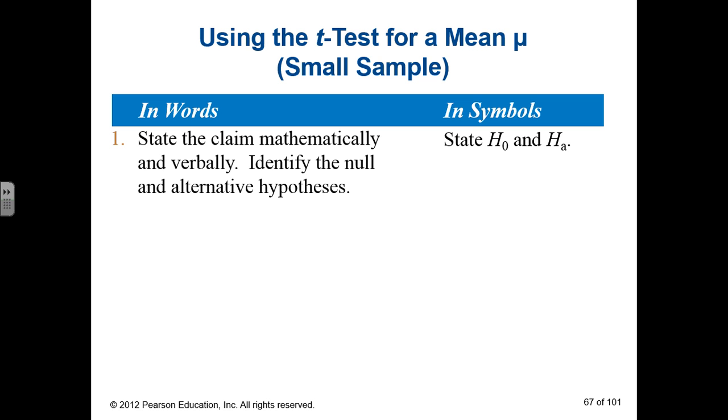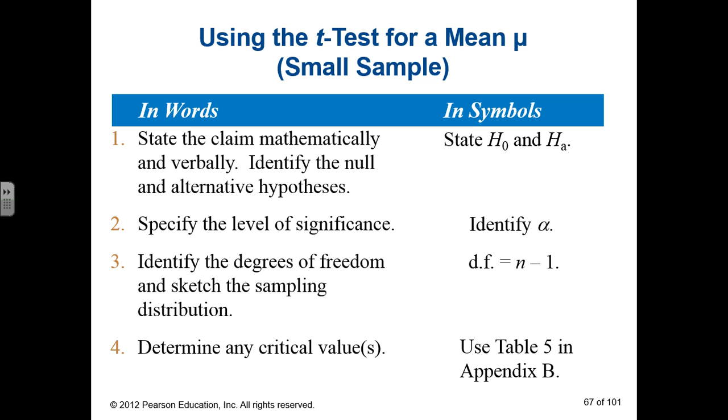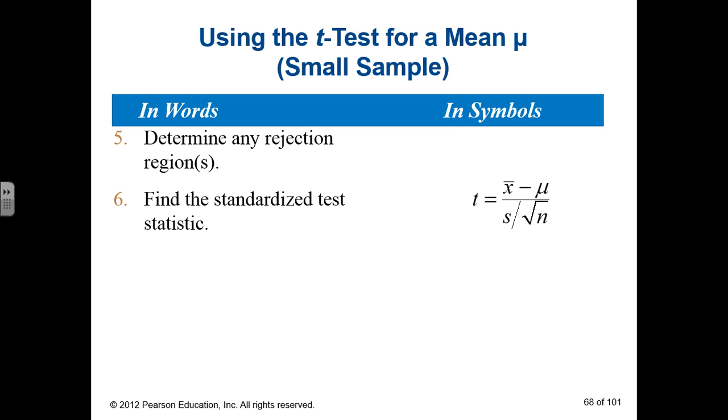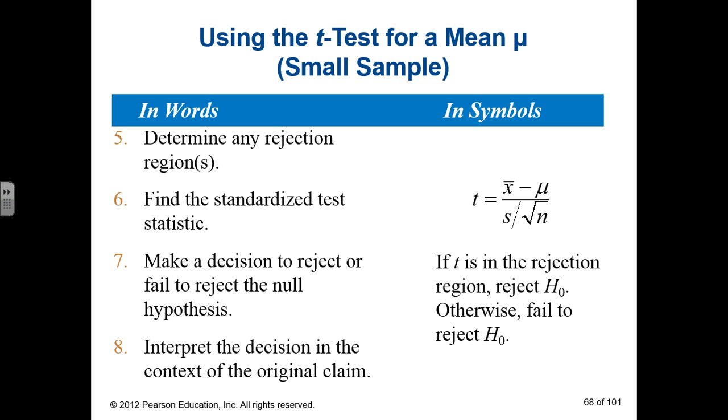The steps are, first you state the hypotheses, you specify the level of significance, you identify the degrees of freedom, you determine the critical values from table 5, which is your t-distribution table, determine the rejection regions, find the standardized test statistic. If the test statistic is in the rejection region, you reject the null hypothesis. Otherwise, you fail to reject the null hypothesis, and then interpret the decision in context of the original claim.